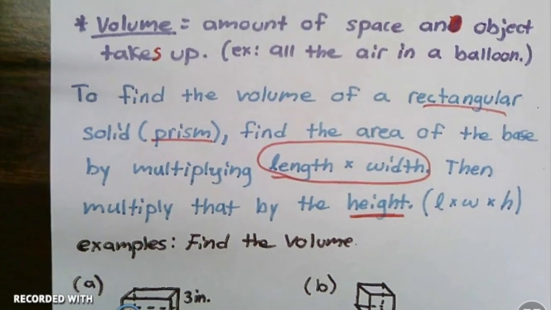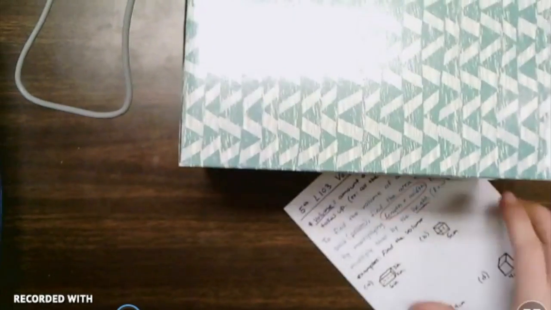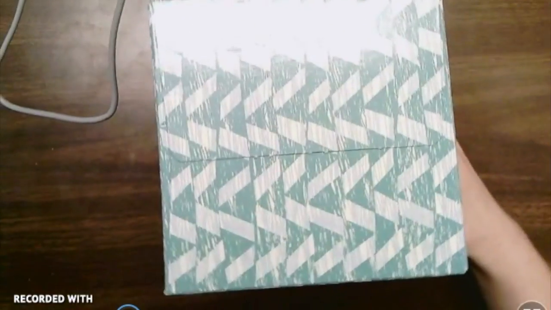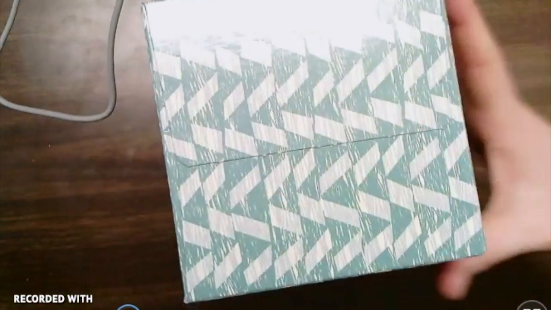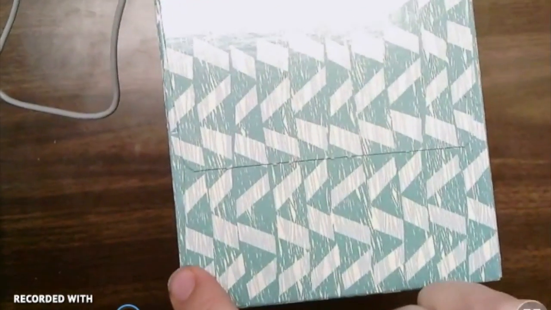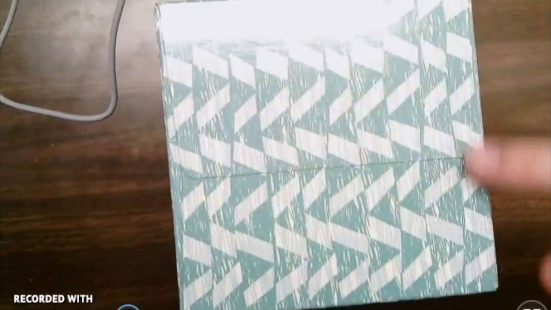All right, let's say I had this tissue box here, which is a rectangular prism, and I wanted to find the volume of it. I would start by finding the area of one of these rectangular bases. Remember, a square is just a type of rectangle. If I found the area of this, of how much stuff it takes to fill this, then I would multiply that by however many the height is, because I would stack.